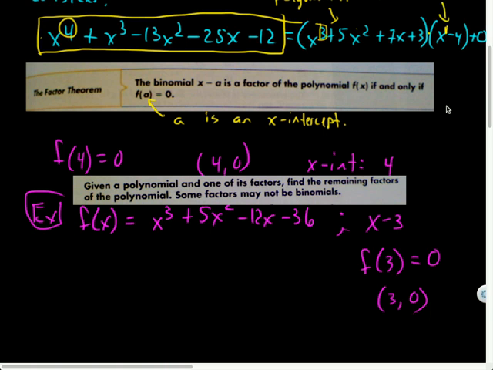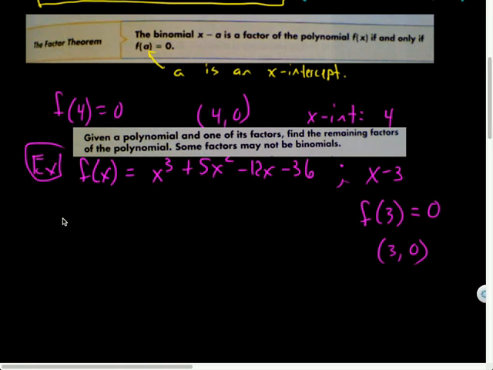So if I'm synthetically dividing, I'm putting 3 into 1, 5, negative 12, negative 36. Draw my line. And so I'm expecting, unless this book was lying to us, that my remainder is going to be 0. If it's not, I would be like, uh-oh, I do not have a factor, and I also don't have an x-intercept here. And I'd have to keep looking.